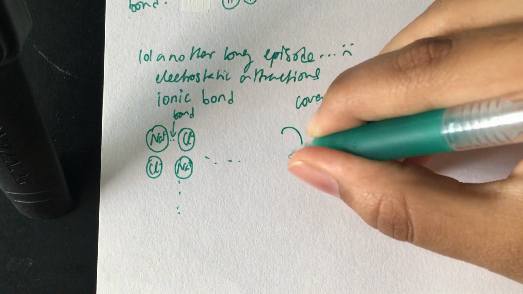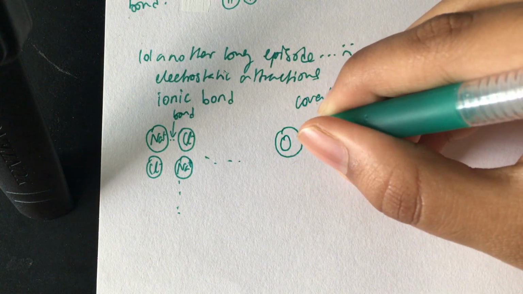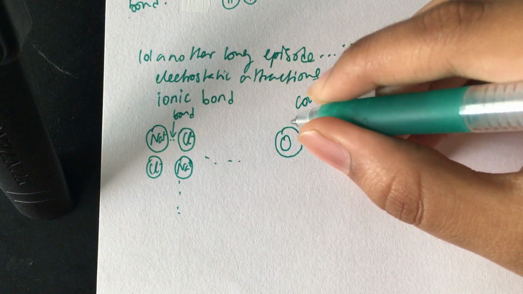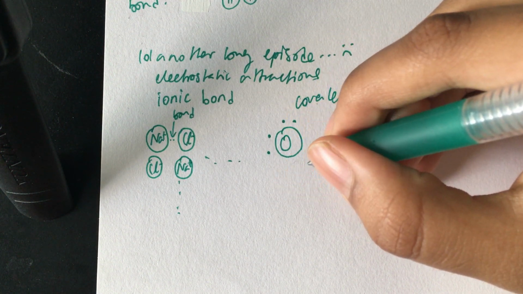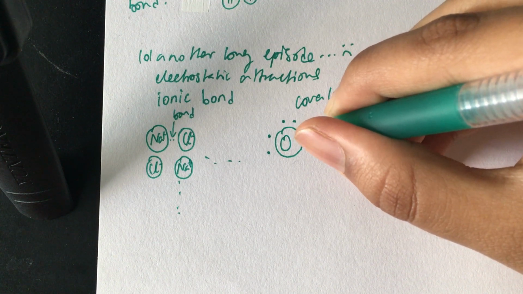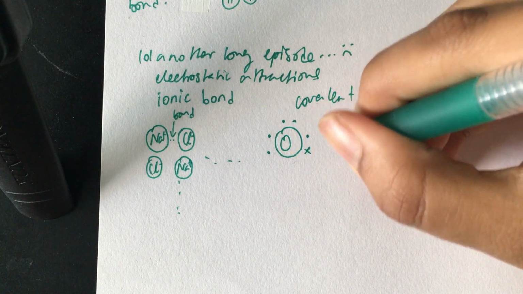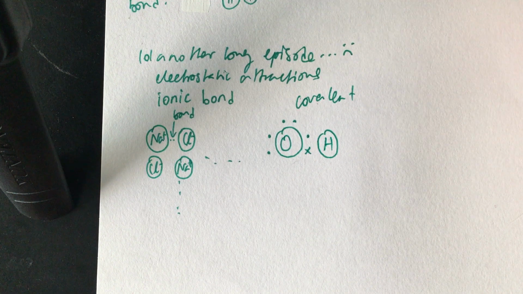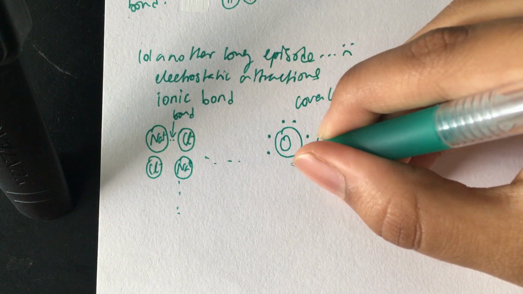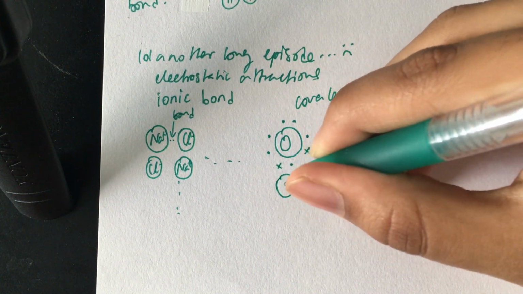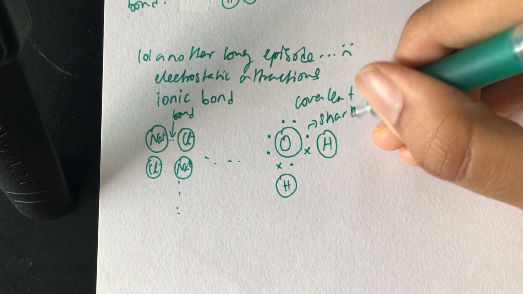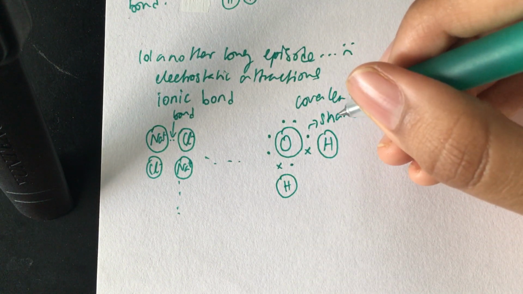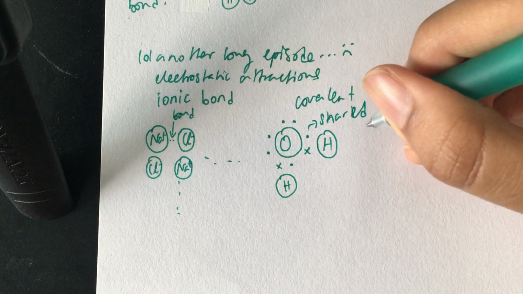In this scenario, the attraction is actually between the shared pair of electrons and the positively charged nuclei of the covalent atoms. When the electrons are shared, they're not completely in the custody of one atom or the other. So both become a bit more positive in a sense, and there's attraction between the electrons and the two nuclei.